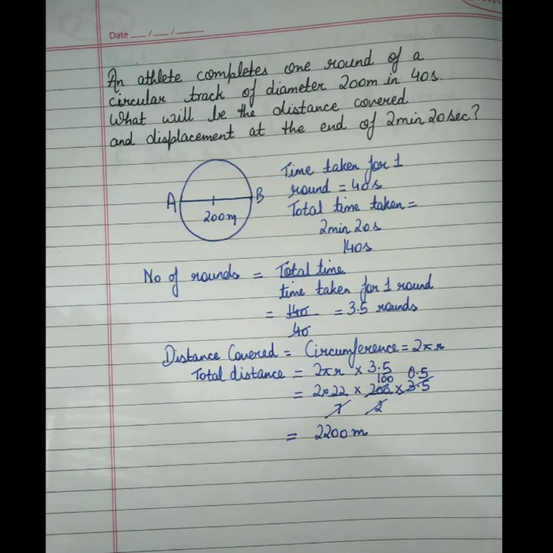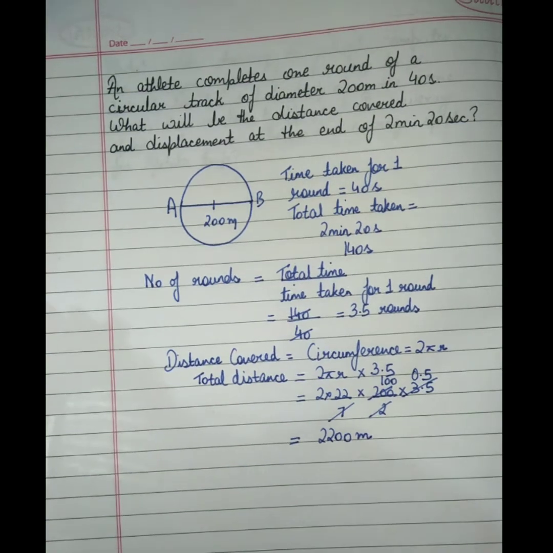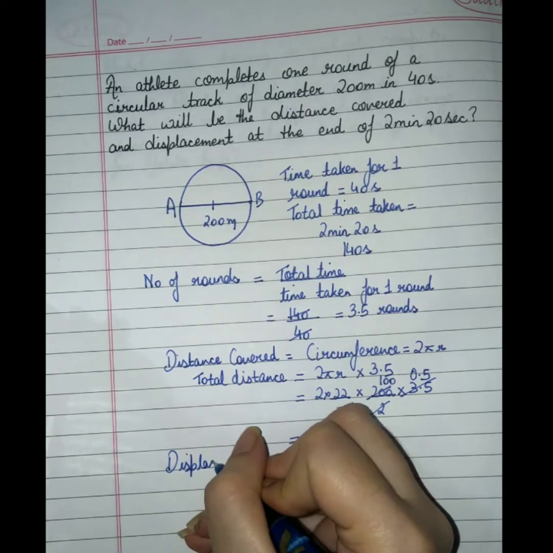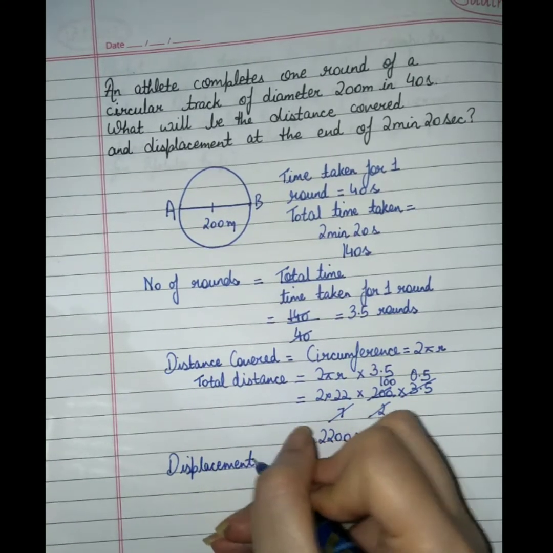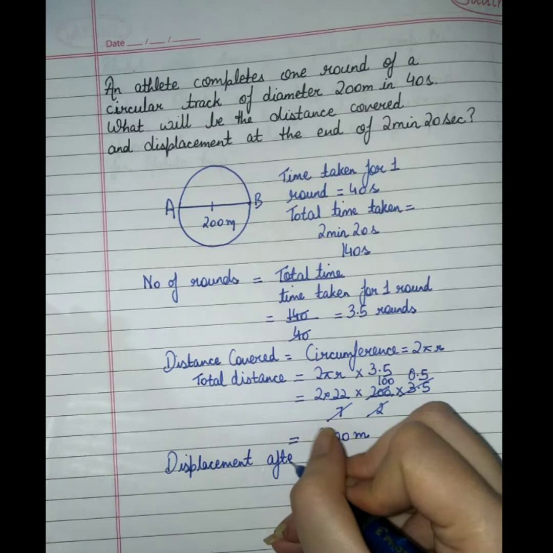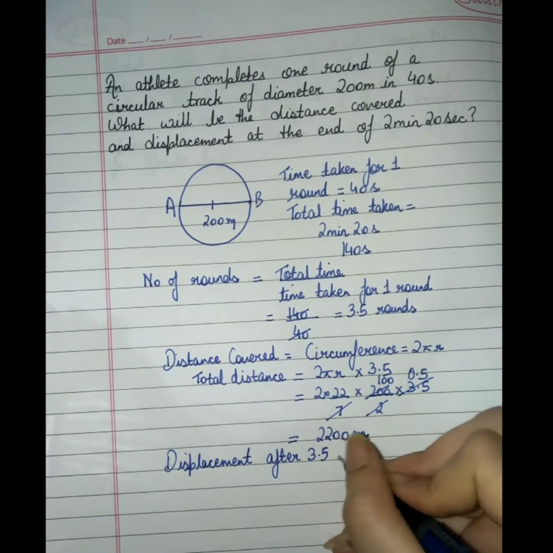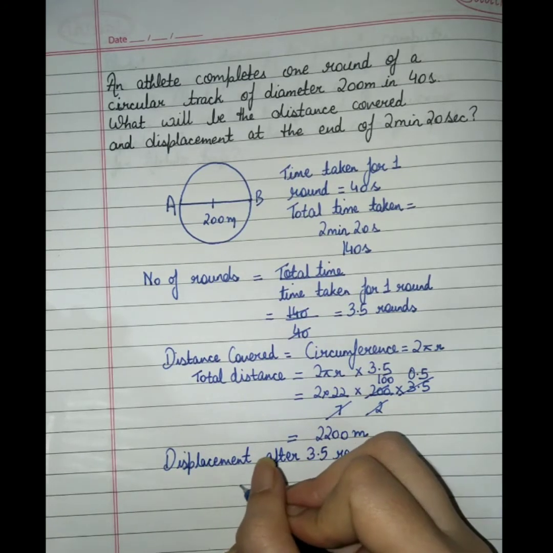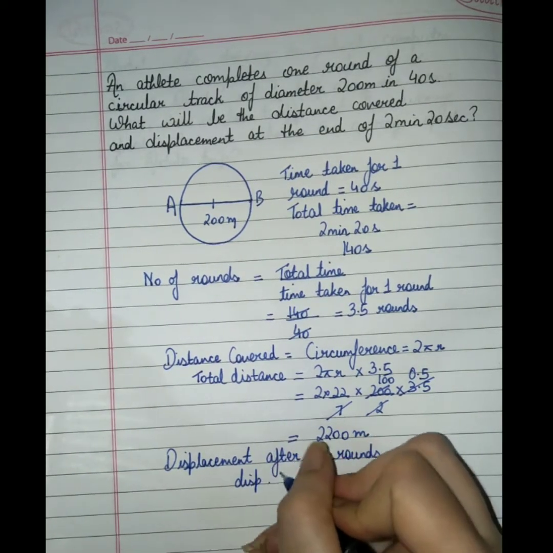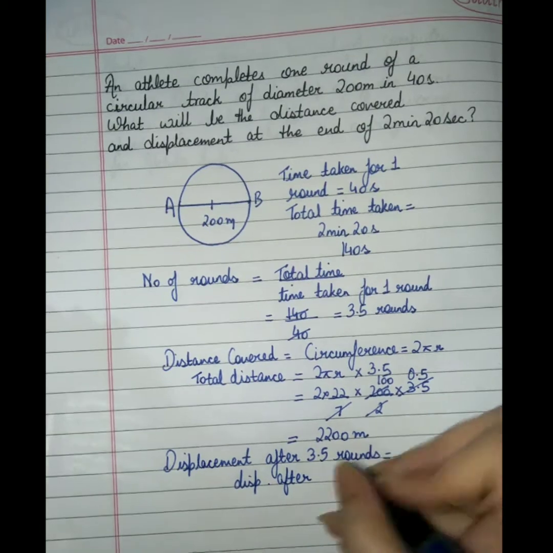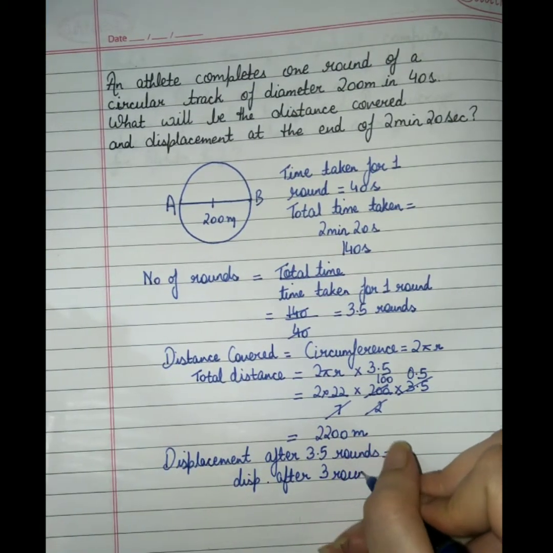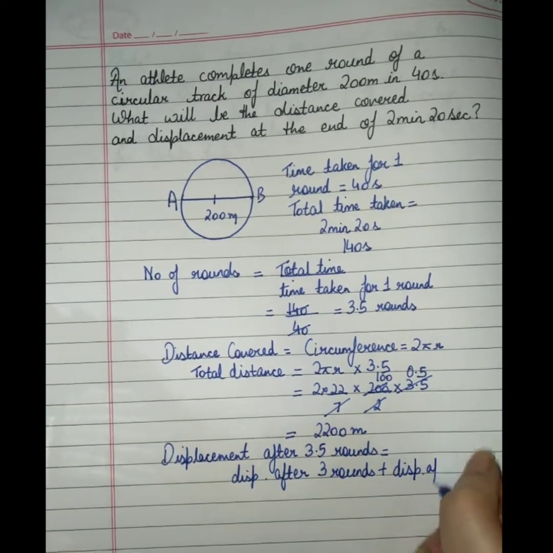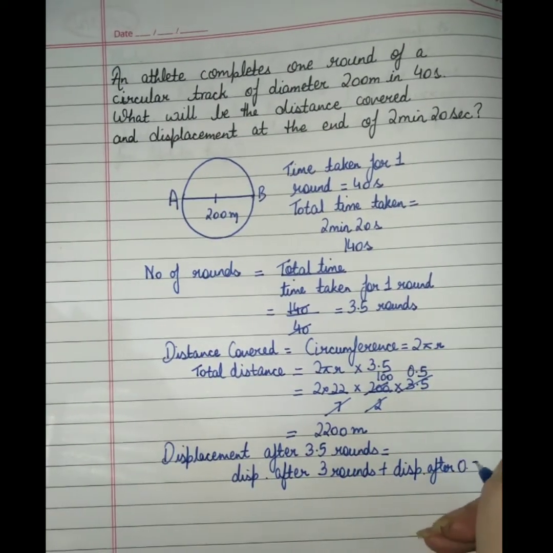Now when it comes to displacement, students, what would be the displacement after 3.5 rounds? That is the displacement after 3 rounds plus displacement after half round.